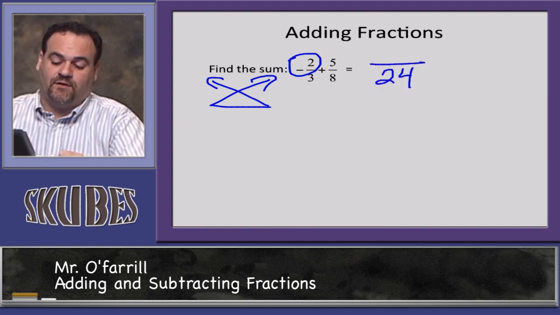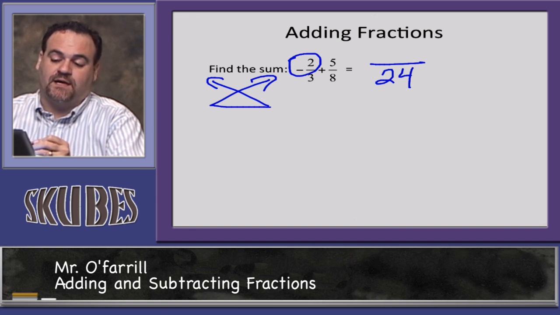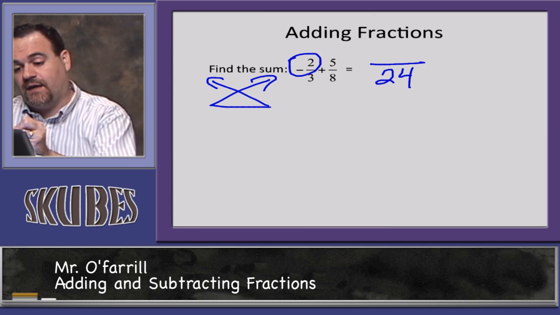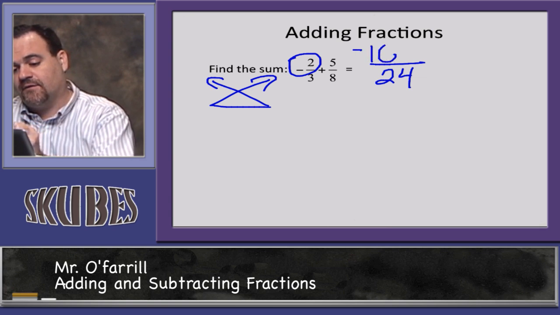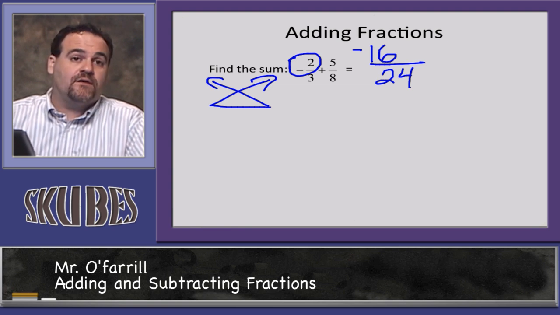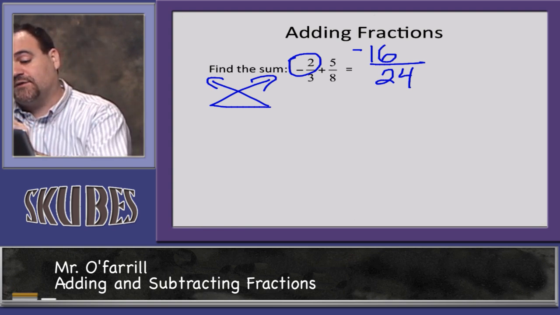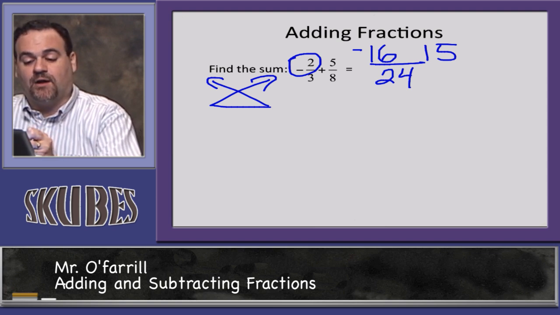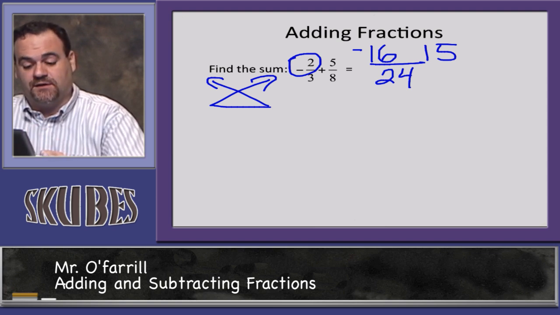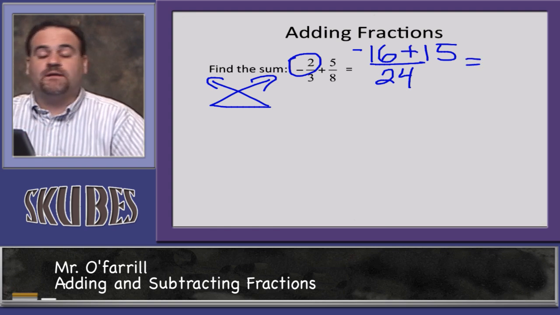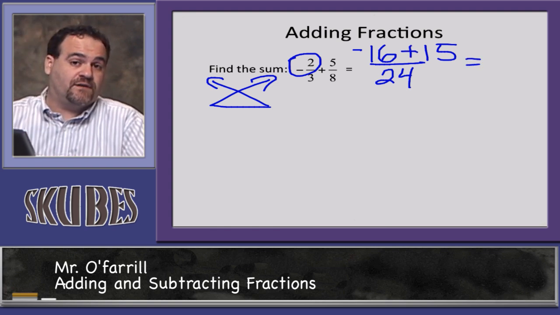Now this time we're going to be doing 8 times negative 2, which is going to be a negative 16. And then 3 times 5, which is going to be a positive 15. And again, just like our prior problems, the operator is addition, so that's a plus in between. Negative 16 plus 15.